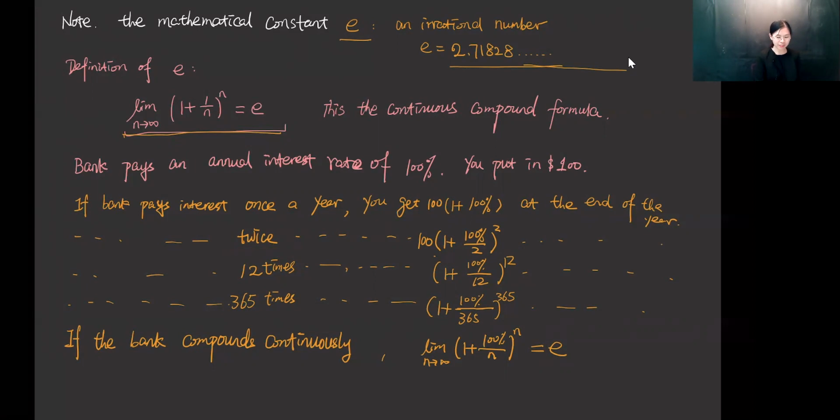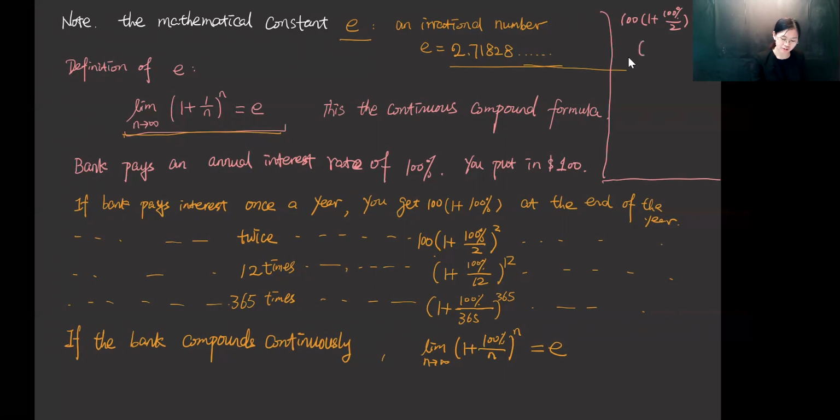So why do you get that? The reason is at the 6-month mark, you get 100 times 1 plus 100% divided by 2. That's what you get at the 6-month mark. But you're keeping this much money for another 6 months, for another half year.